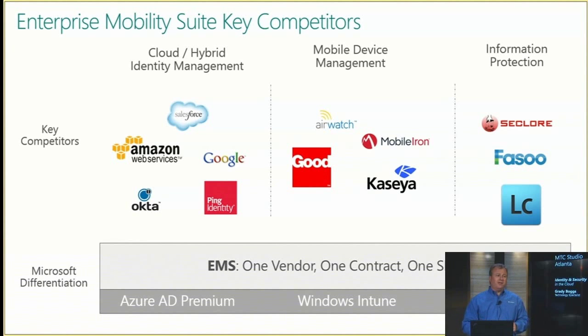And that's the way everyone did it. That's the way we did it. But now you do have a choice. You have one single vendor, one single contract, one single SKU that has a holistic story with tight integration across all the different verticals, all the different pillars. And the specific offerings included are Azure AD Premium, Windows Intune, and Azure Rights Management.